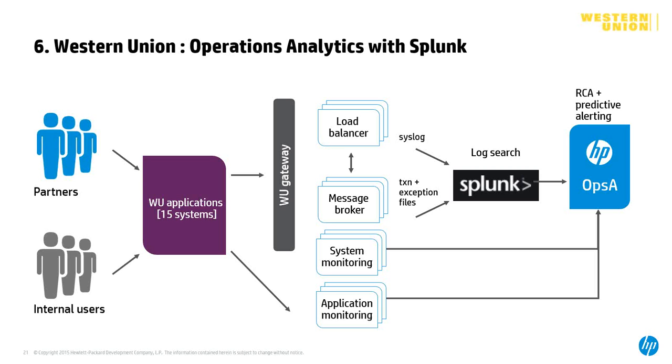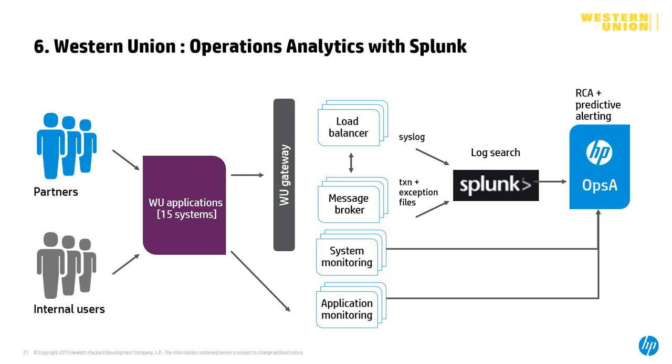And then all of this load goes across a load balancer and a message broker, and the log data from these two systems go into Splunk. And then operations analytics is taking all the log data from Splunk, in addition to any system monitoring tools or application monitoring that they have.